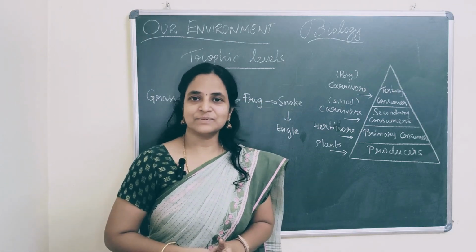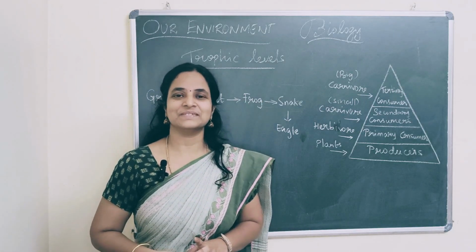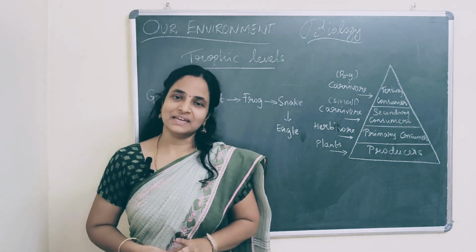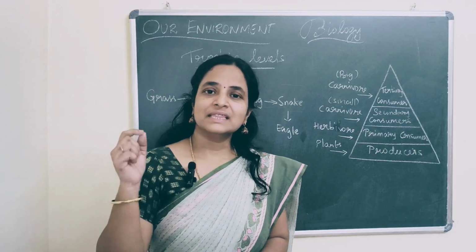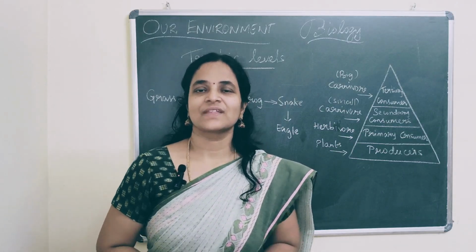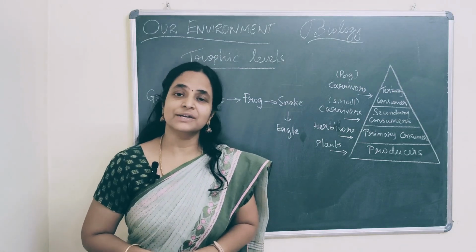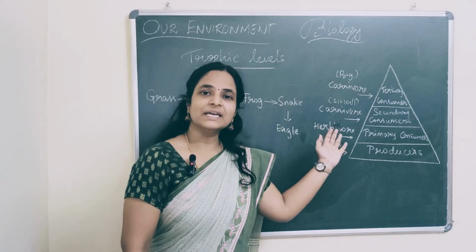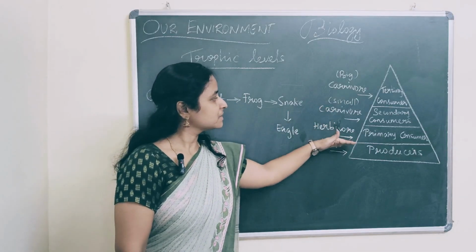What are decomposers and who are called decomposers? Okay, let me give you an example. These decomposers grow on dead and decay. Very good. So all microbes come under decomposers. So it is very important to maintain the trophic level.